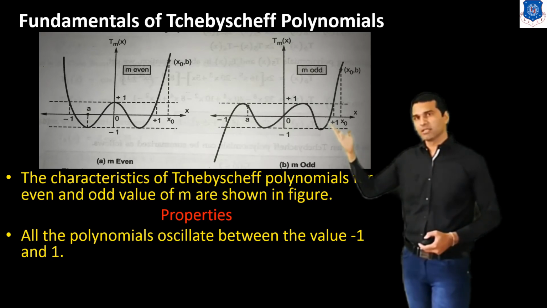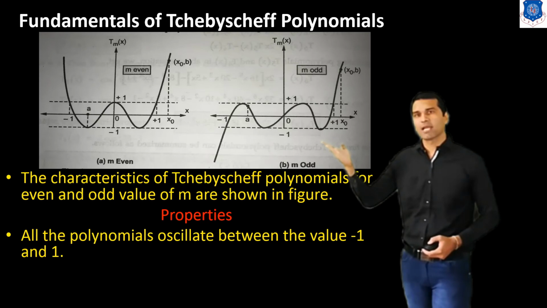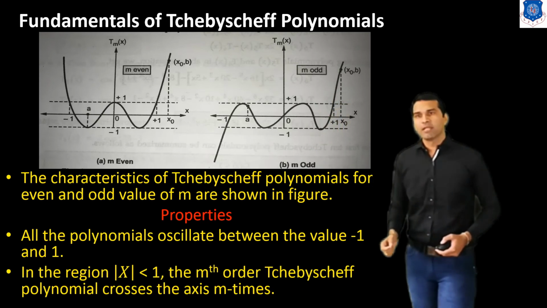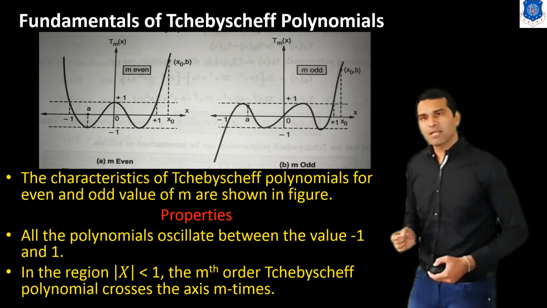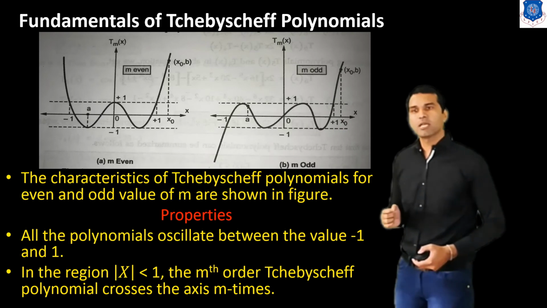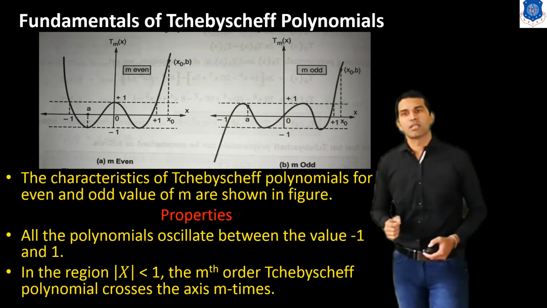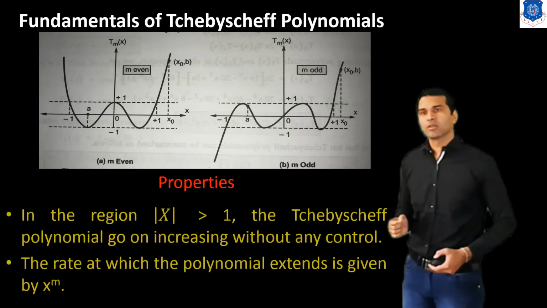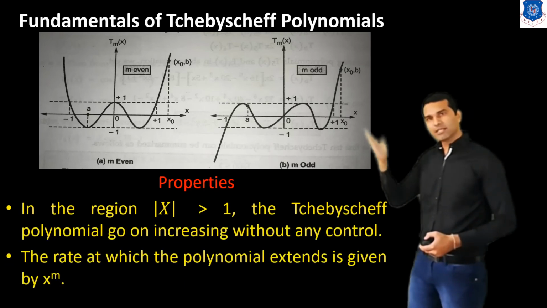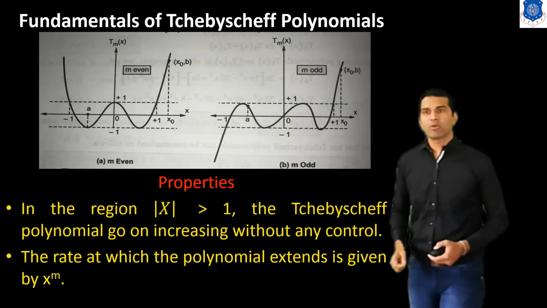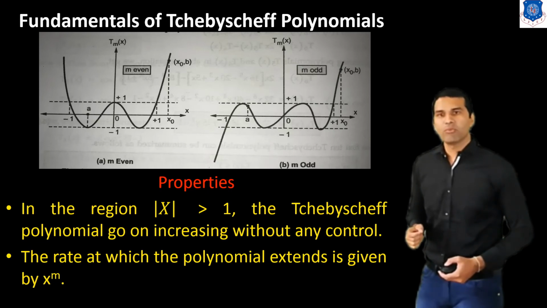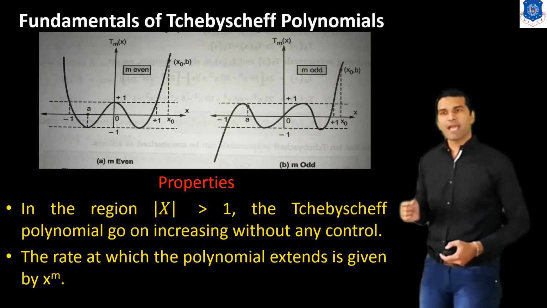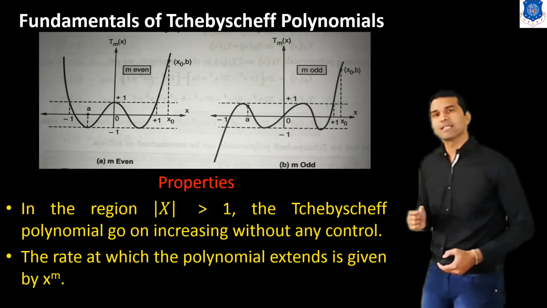In the region x less than 1, the mth order Chebyshev polynomial crosses the axis m times. In the region x greater than 1, the Chebyshev polynomial goes on increasing without any control. The rate at which the polynomial increases is given by x raised to m.